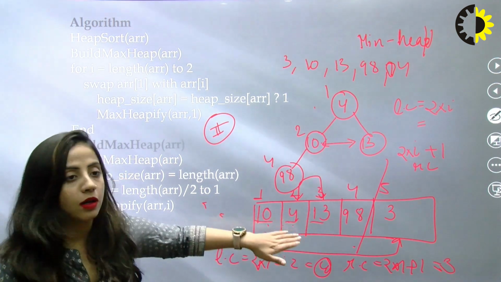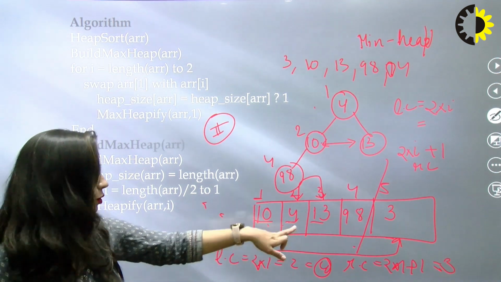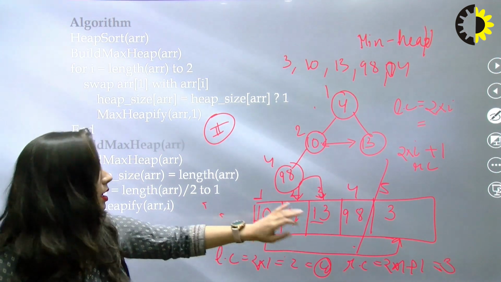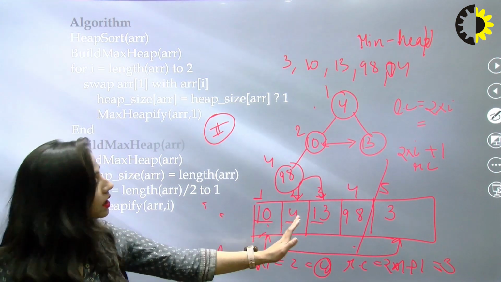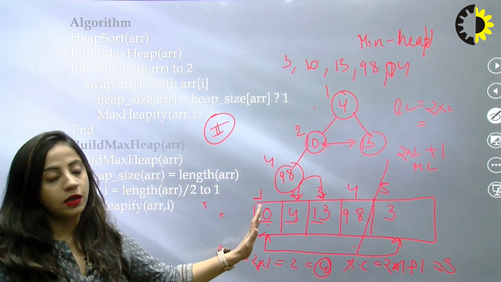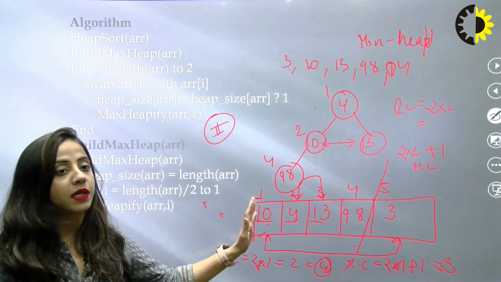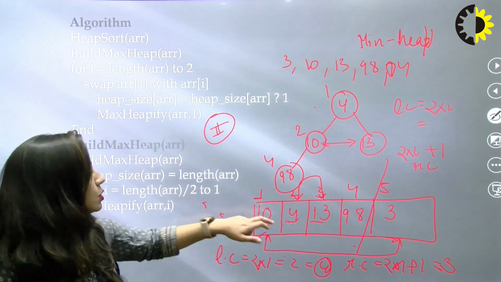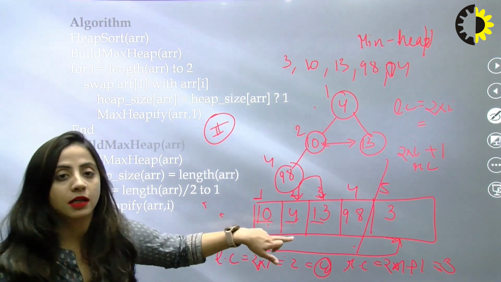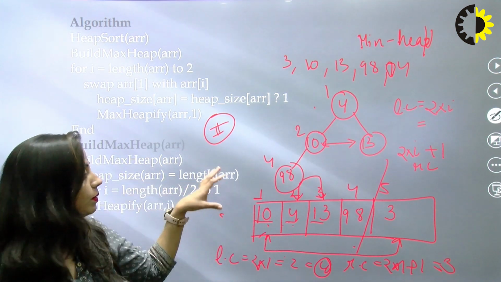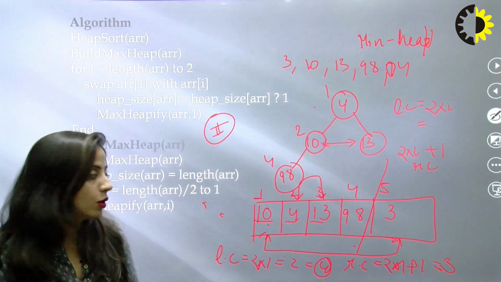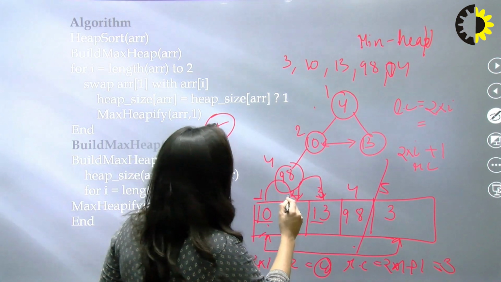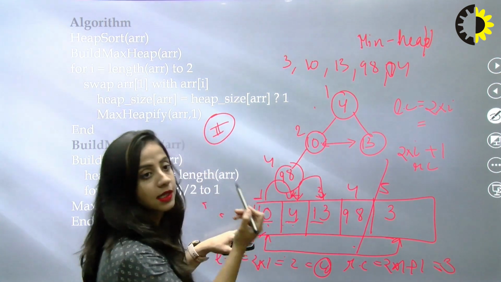Now which has the smaller value? Obviously 4 is smaller than 13. Now you will compare it with its parent node. Since in this case the parent node is 10, you will swap it with the parent, because we have to build this heap in min heap form. So swap the parent node with its left child.